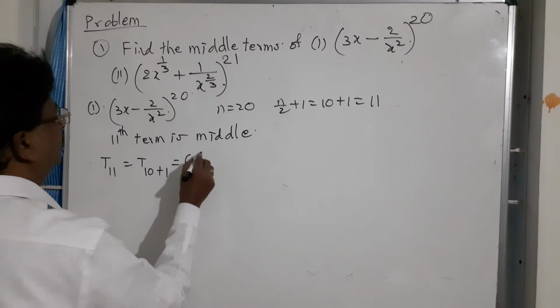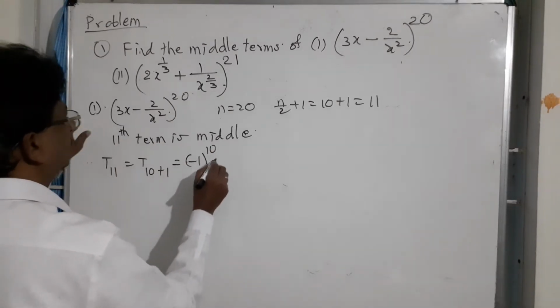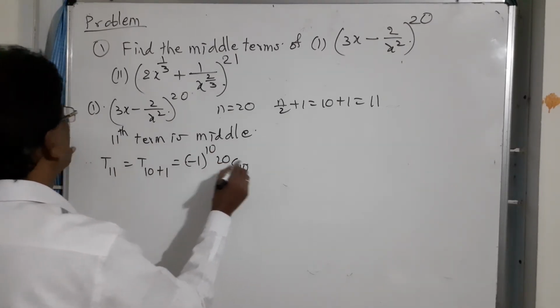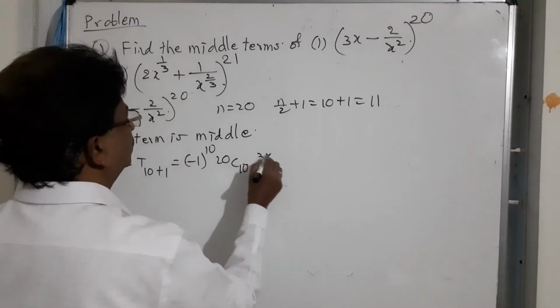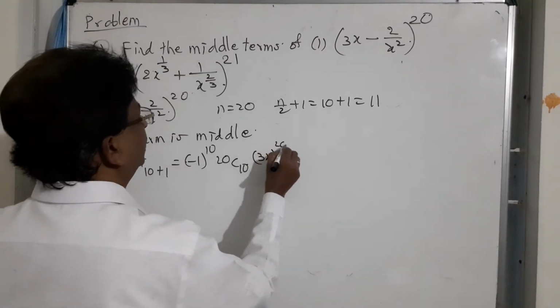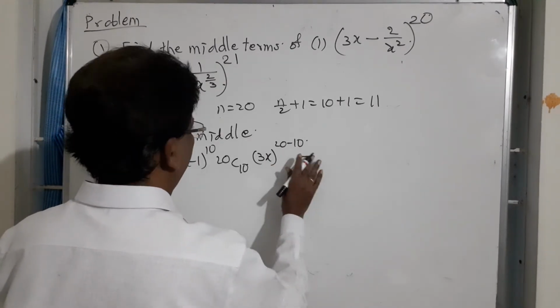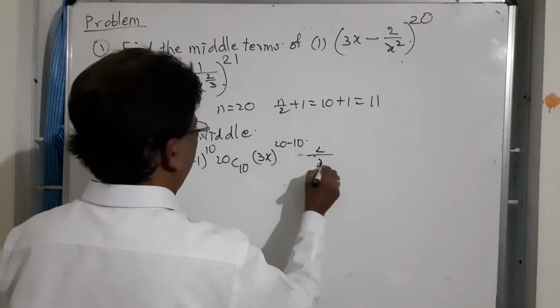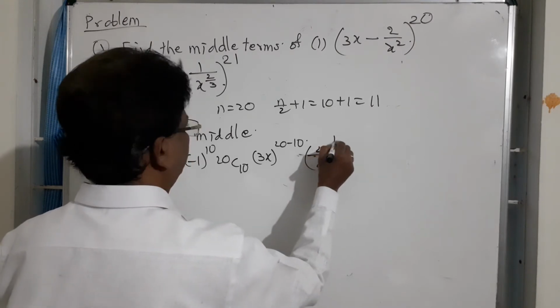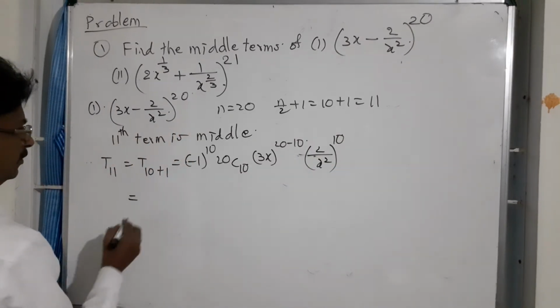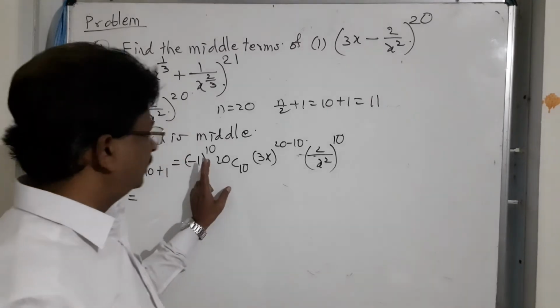So (-1)^10 20C10 (3x)^(20 - 10) (2/x^2)^10, that is equal to, this is positive, since the power of -1 is even.